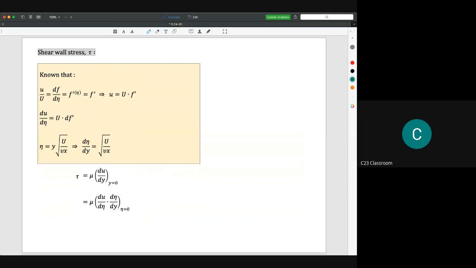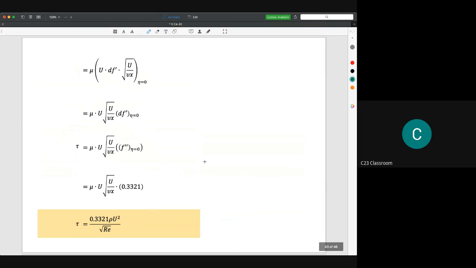Then we need to solve this equation. So we substitute all the terms that we prepared previously, this one and this one, and then we finally substitute the value of f prime at eta equal to 0.